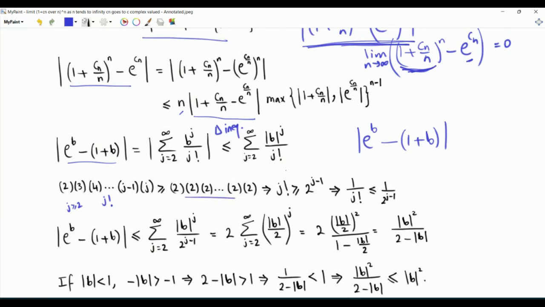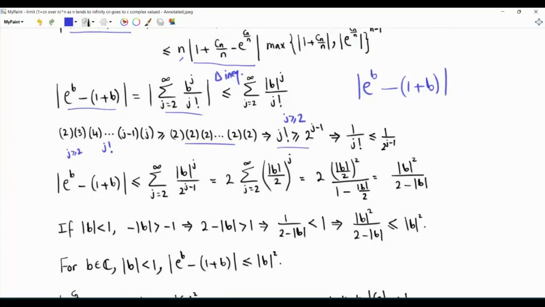And so for j greater than or equal to 2, the factorial of j is greater than or equal to 2 to the power j minus 1. Taking the reciprocal of both sides, 1 over the factorial of j is upper bounded by 1 over 2 to the j minus 1. So the first upper bounding step here is using the triangle inequality, and then for j greater than or equal to 2, 1 over the factorial of j is less than or equal to 1 over 2 to the j minus 1.